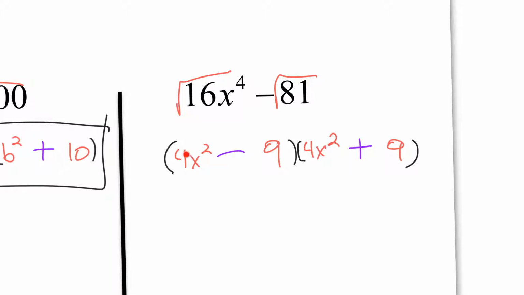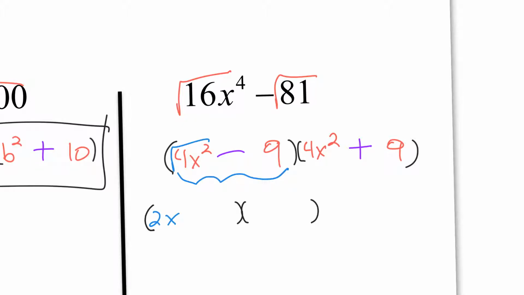I want you guys to look at this binomial because we can factor this one. Why? Well, the 4 and the 9 are perfect square numbers, and there's a minus in the middle, difference of two squares. So I can factor this one even more. I'm going to keep going. I'm going to do an extra step to factor. I'm going to set up my two parentheses again. The square root of 4x squared is 2x.